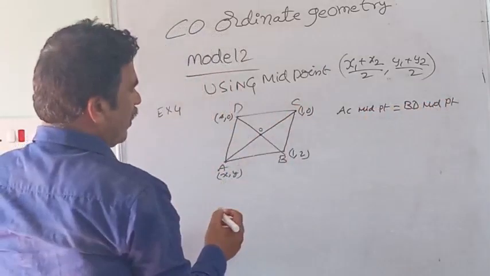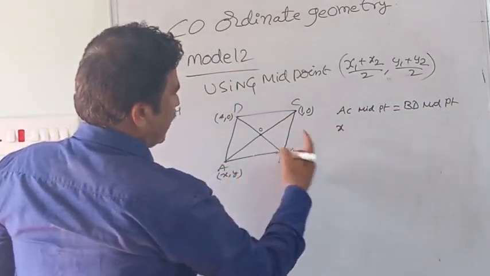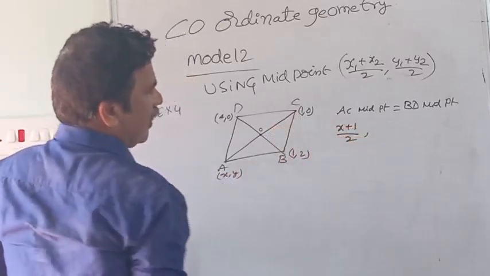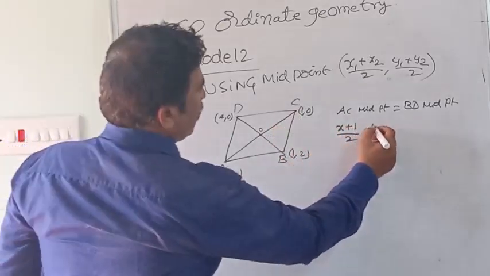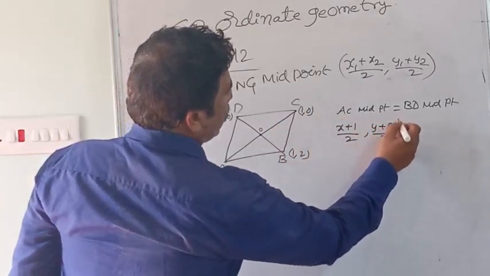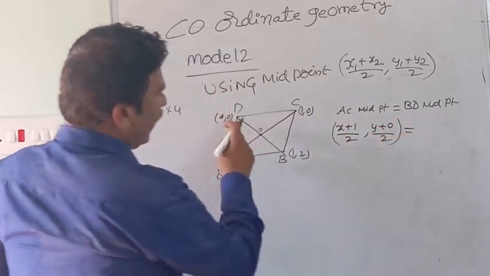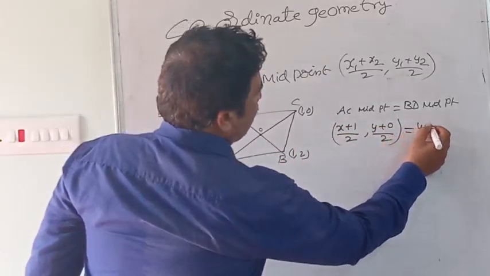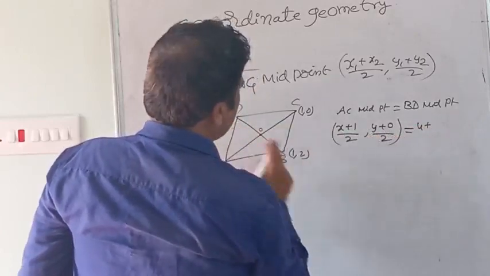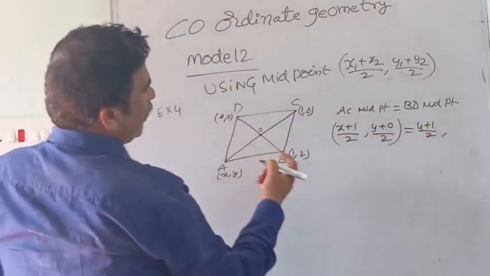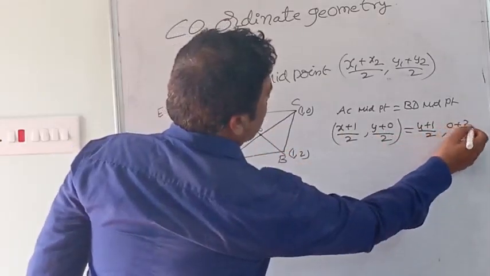For the AC midpoint formula, use x1 is x, x2 is 1, by 2, comma, y1 is y, y2 is 0, by 2, is equal to BD, x1 is 4, y1 is 1. Therefore, (x1 plus x2) is 4 plus 1 by 2, (y1 plus y2) is 0 plus 2 by 2.